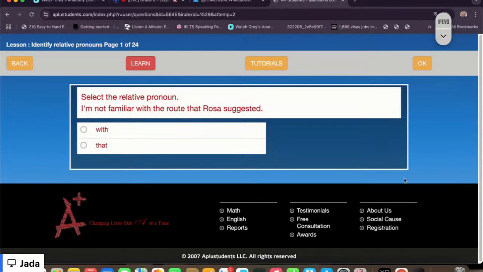What is the relative pronoun here? So our relative pronoun will be that. So that Rosa suggested.